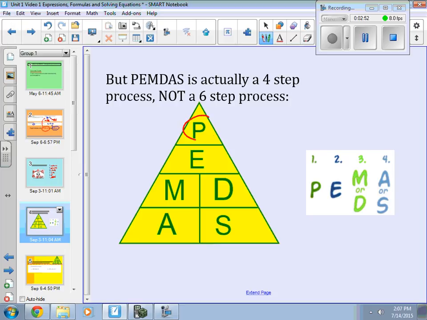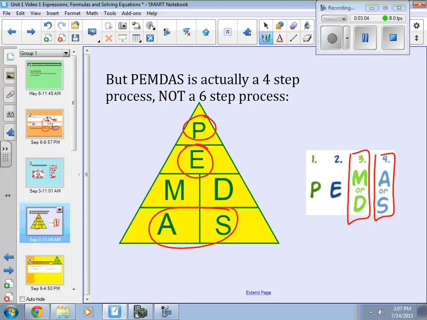We want to do parentheses first, like we talked about, then exponents. Multiplying and dividing, though, in step 3, you can do either of those at the same time. Same with our last step here, adding and subtracting. Those are done at the same time. And whenever you do them, you always work from the left to the right. So if you have both adding and subtracting or multiplying and dividing, work left to right.